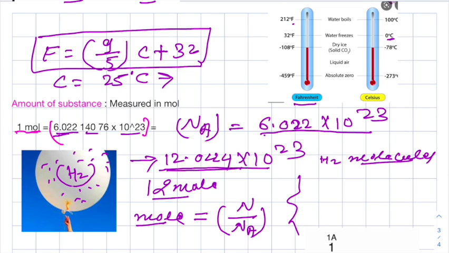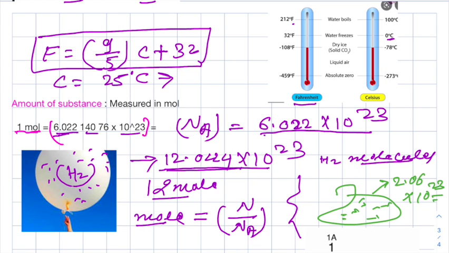Just pause: if you have hydrogen in a balloon with 2.06 times 10 to the power 23 hydrogen molecules, calculate how many moles are here. Pause the video and start calculating the number of moles.